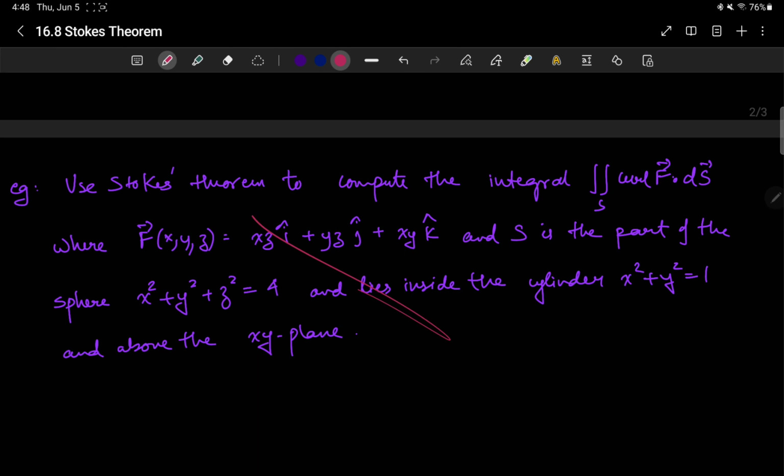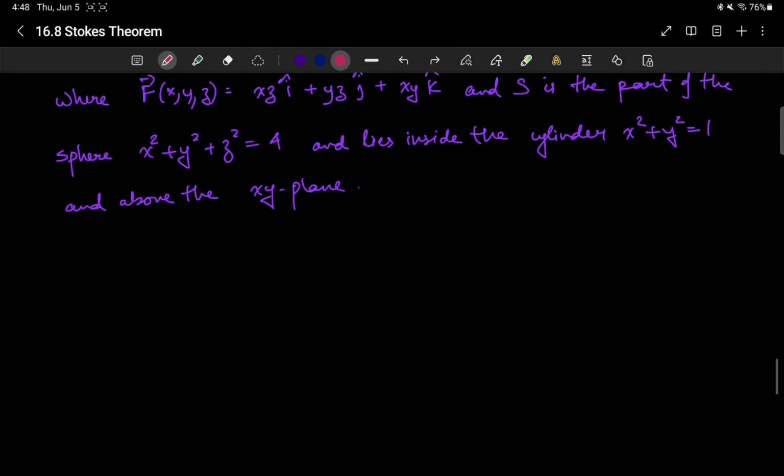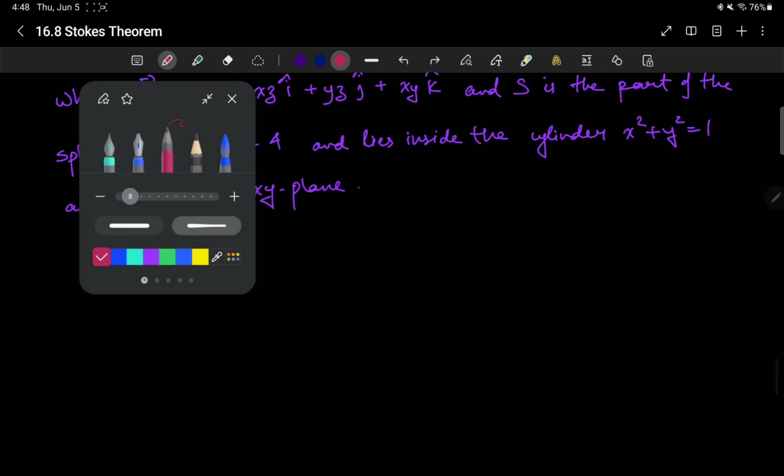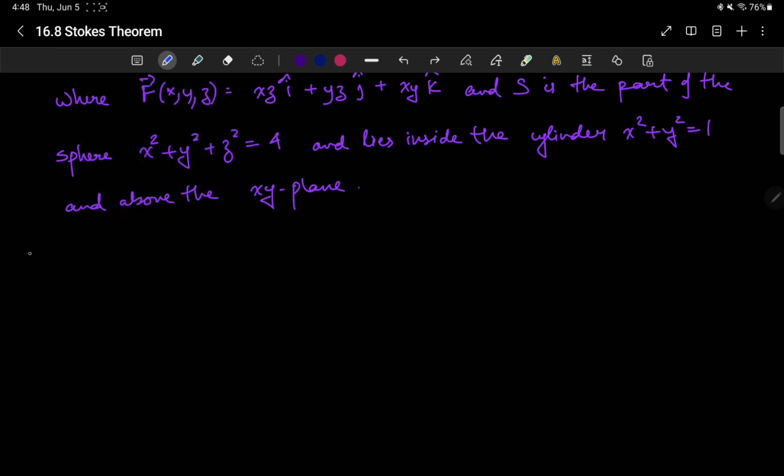So it says use Stokes theorem to compute the surface integral, curl f dS, where f is xz, yz, xy, and S is the part of the sphere x squared plus y squared plus z squared equals 4, and lies inside the cylinder x squared plus y squared equals 1, and above the xy plane. Okay, so let's draw this region that they are talking about.